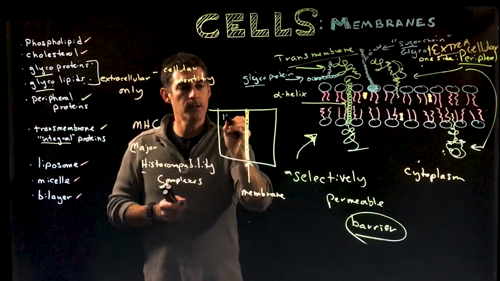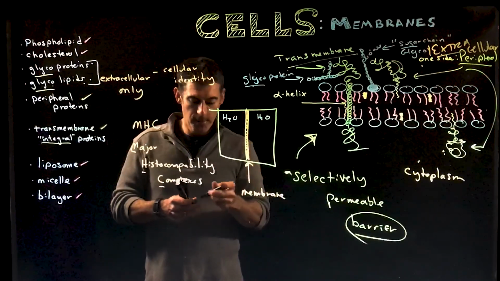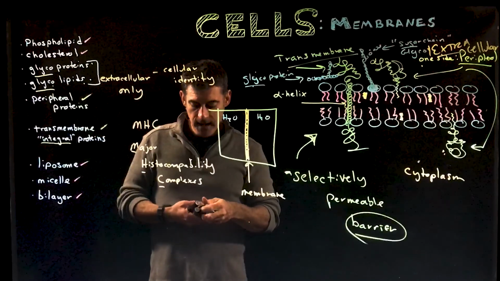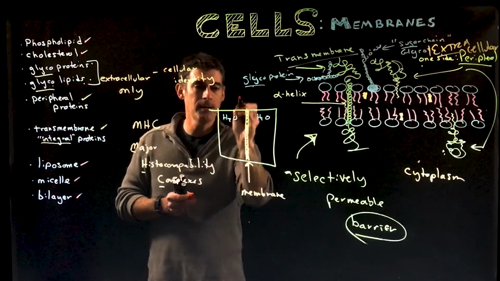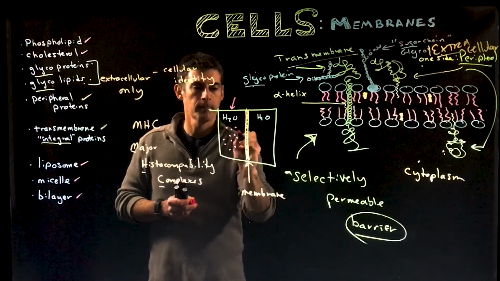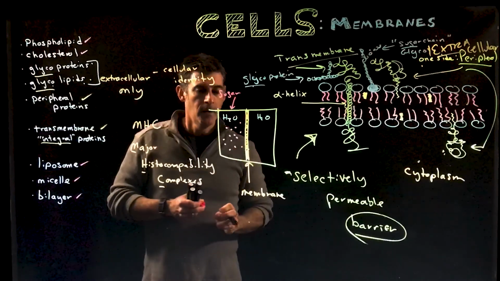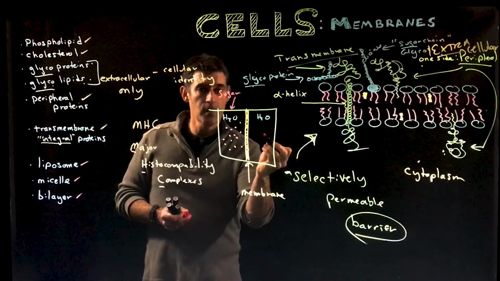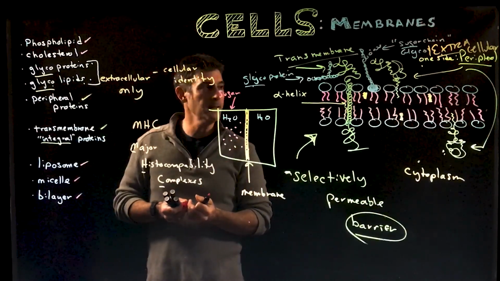So we put water molecules on both sides of it, and then a membrane down the middle, separating it into two halves. And then we were to put into those halves different things. Maybe in this half we add certain molecules, and let's say they're sugar molecules. The question would be, will those sugar molecules move across to the other side, or will they stay stuck on this side of that membrane?